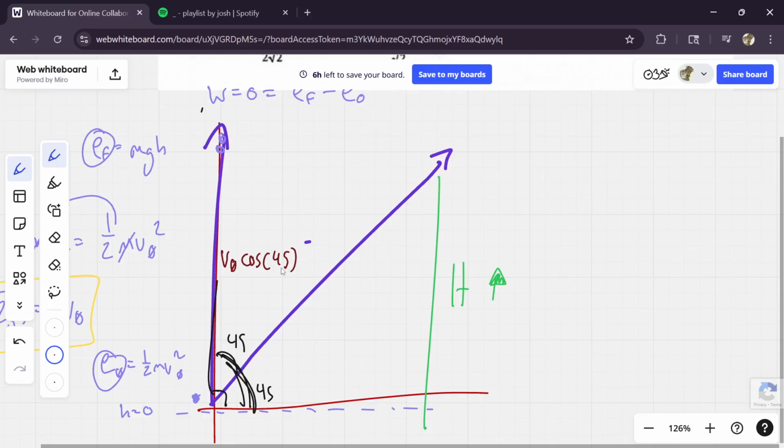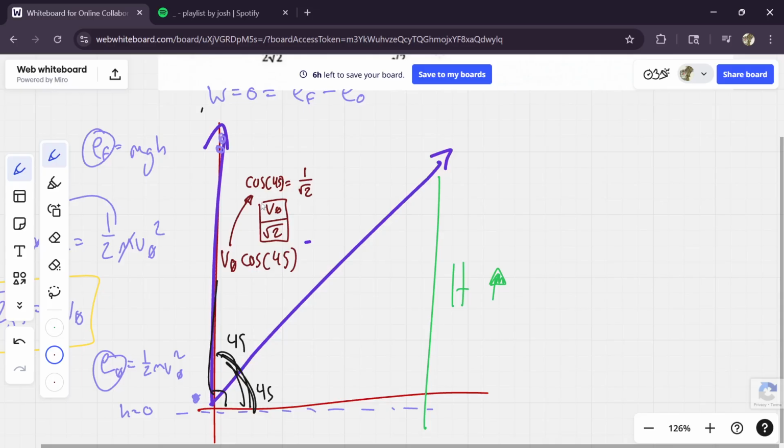That's going to be our vertical component. And cosine 45 is equal to 1 over square root 2. Since we're multiplying it by v initial, you just multiply the two numerators, so you get v initial over square root 2 as our vertical component.